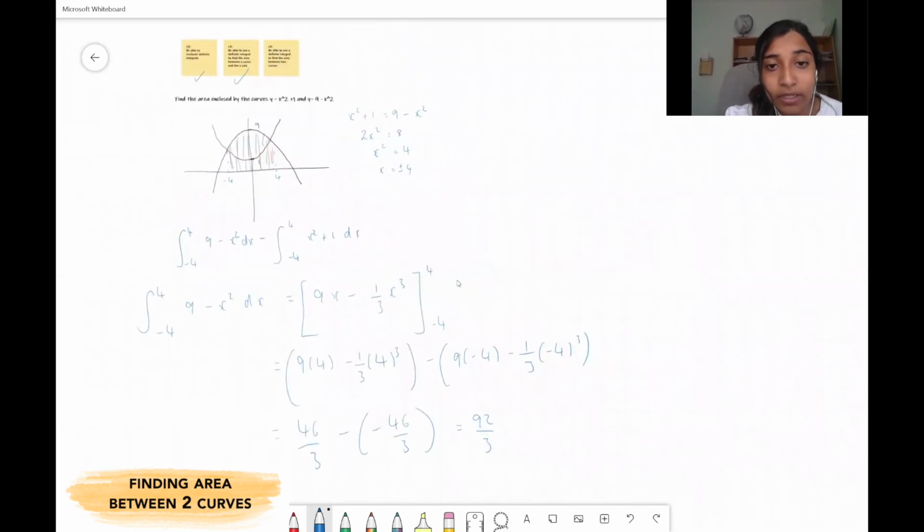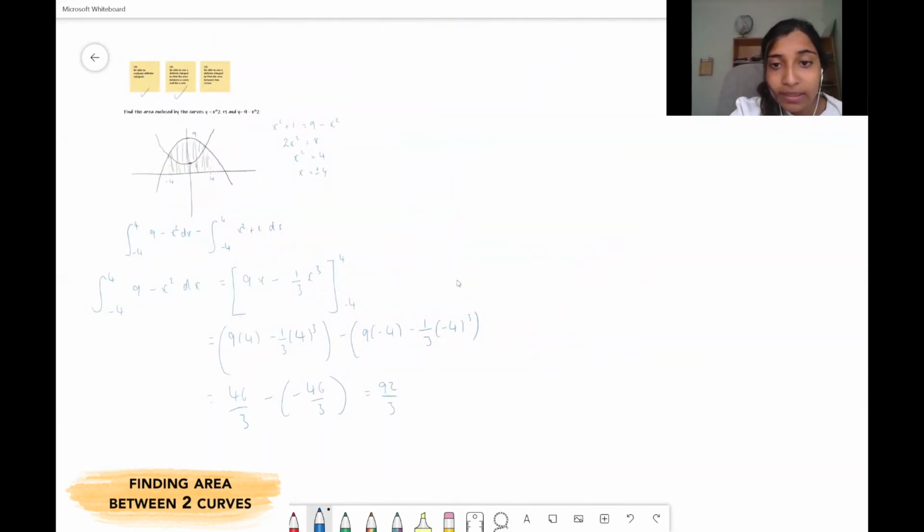And now if we were to do the area between 2 and minus 2 of x squared plus 1 dx, that would be equal to, if we integrate this normally, add 1 and then divide, we get 1 over 3 x to the power of 3 plus x between 2 and minus 2, and that would just be equal to a third times 2 cubed plus 2, subtract a third times minus 2 cubed plus minus 2.